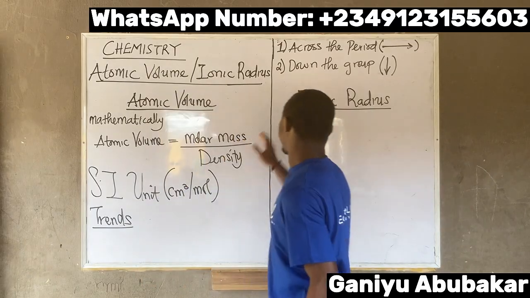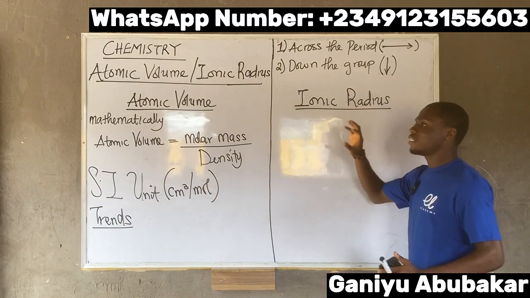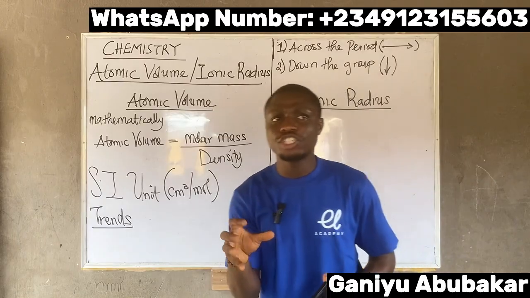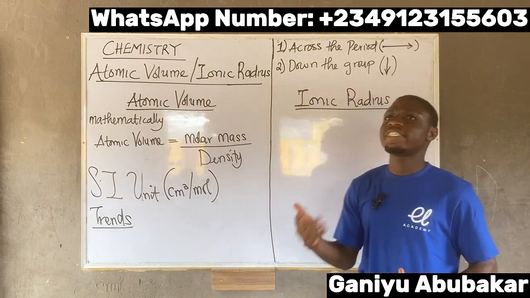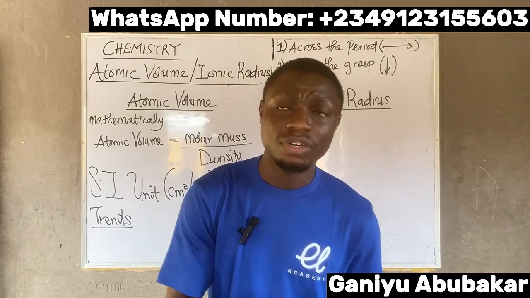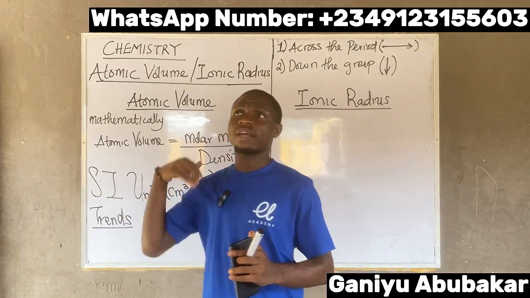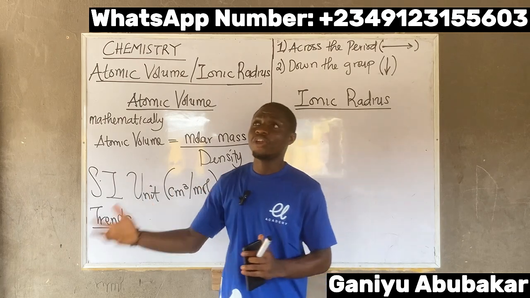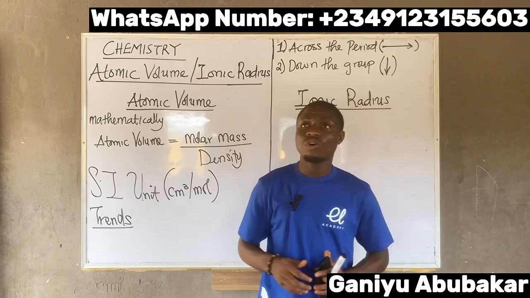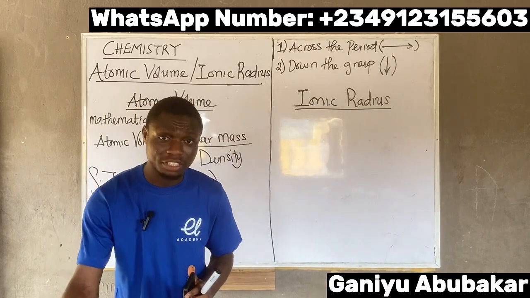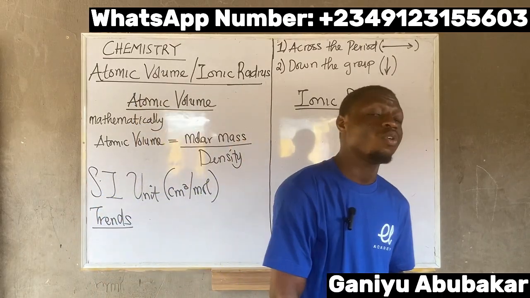Now, when we say ionic radius, two things are merged together here: ionic and radius. First things first, what are ions? We know fully well in our chemistry foundation that ions are simply elements or compounds bearing charges, either positive or negative.